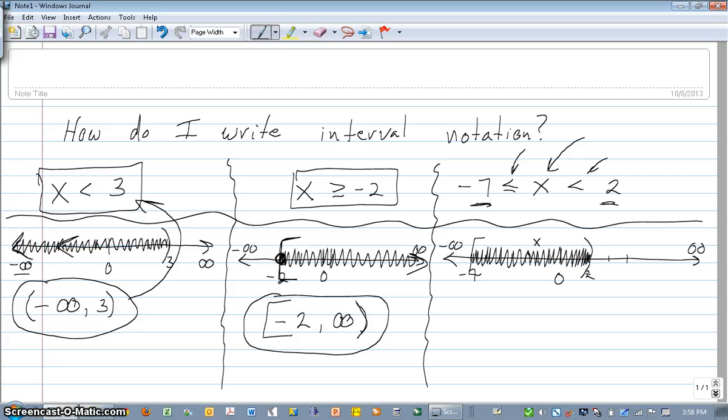That's the idea of this compound inequality, two inequalities combined. If we read left to right, the leftmost number is -7, the rightmost number is 2, and we included the -7 and did not include the 2. So hopefully that helps. Of course, the way you get good at this is you practice, practice, practice.